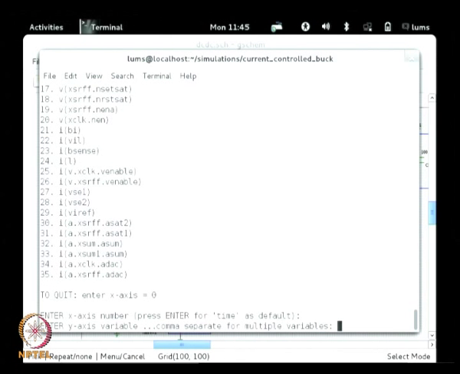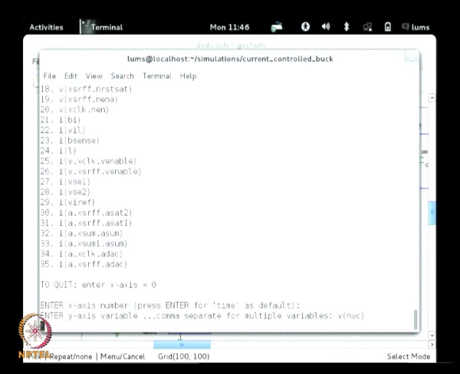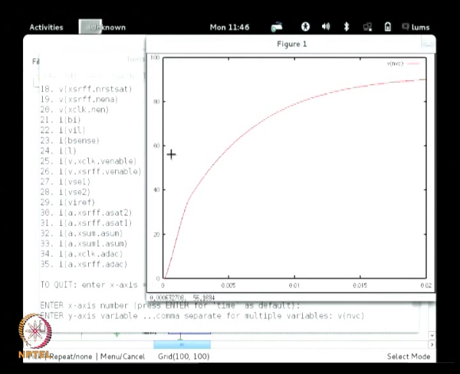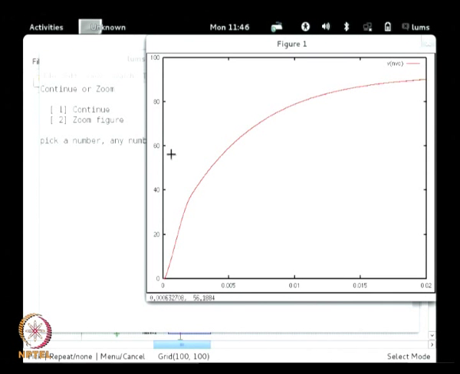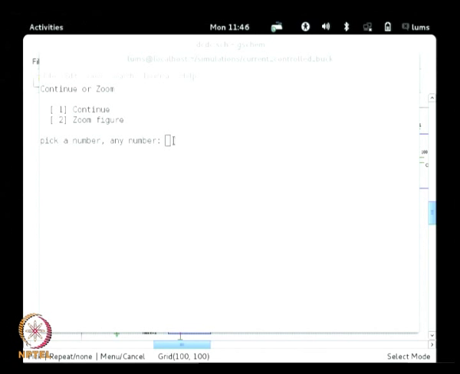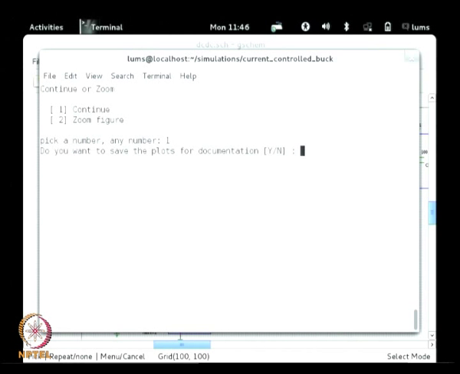So, on running the simulation, now we can look at two waveforms. First the output voltage. The output voltage is building up to something like that, around 80 to 90 volts. And what we are really interested in is the current control action. Is it really doing the current control?